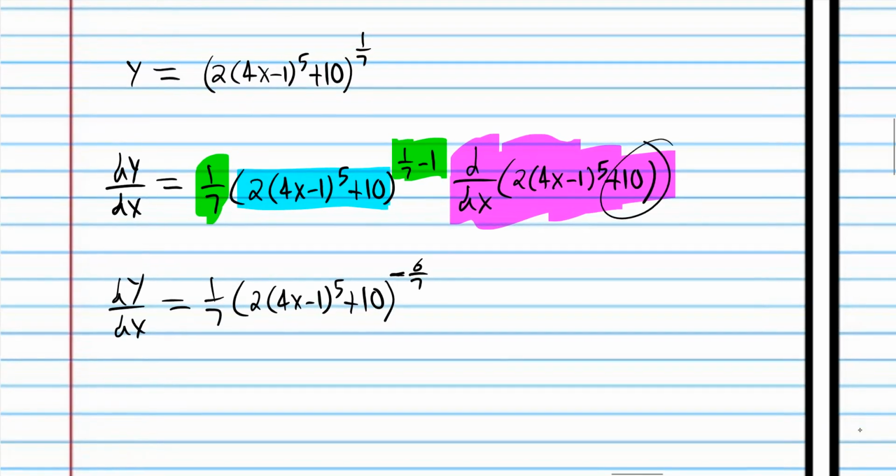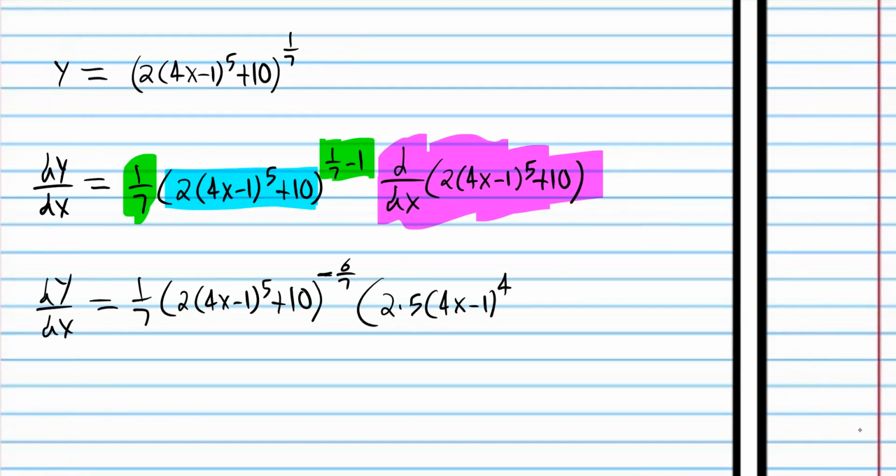Derivative of tan is 0, but I'm going to bring the 5 down, finding the derivative of the outside function. 5 becomes a 4. So that's derivative of the outside function, and we're keeping the inside function the way it is.